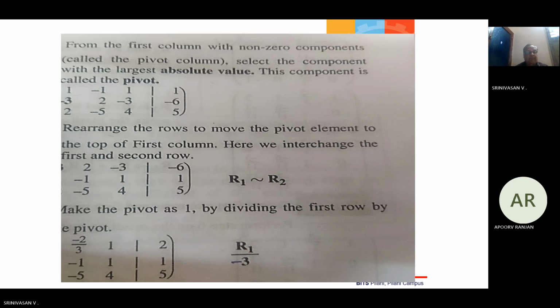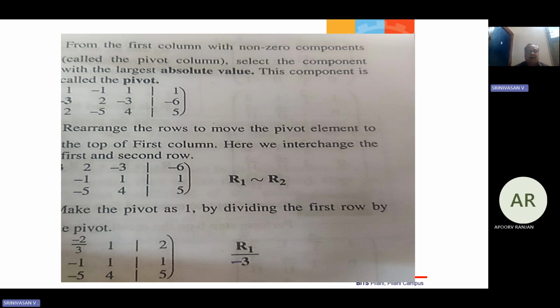The first row is 1, -1, 1 and the third row is 2. Okay, that is missing. So 3, 2, -3, -6 is just brought forward to the first row, and the first column element is the largest of the first column. That is the pivot element. So your -3 is now the pivot element.